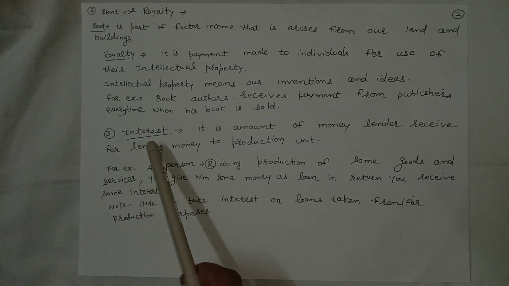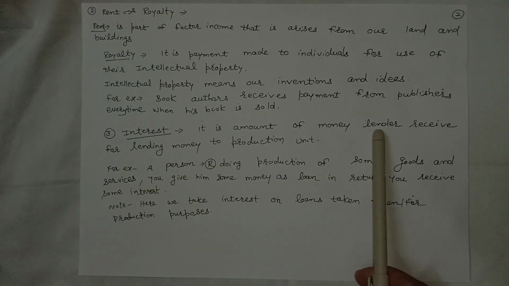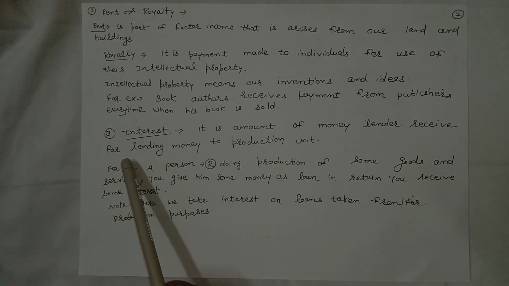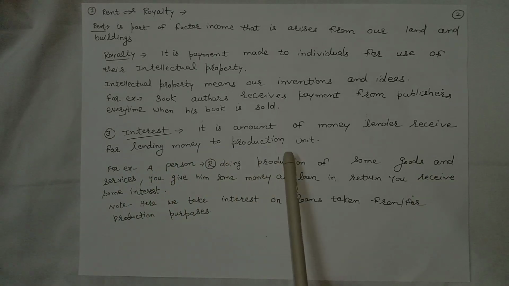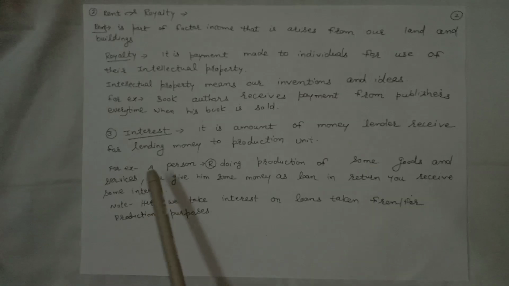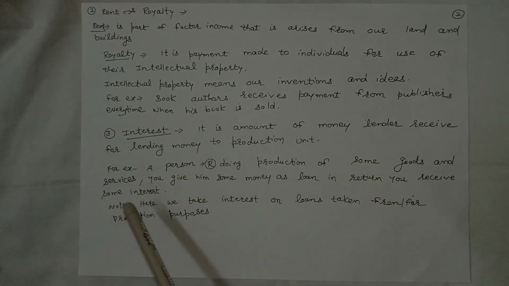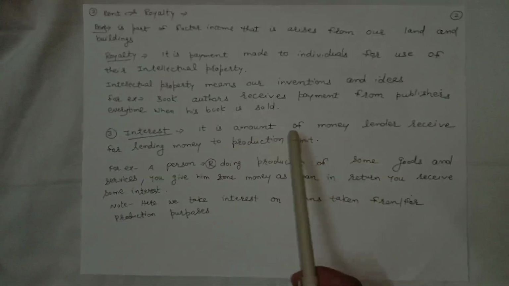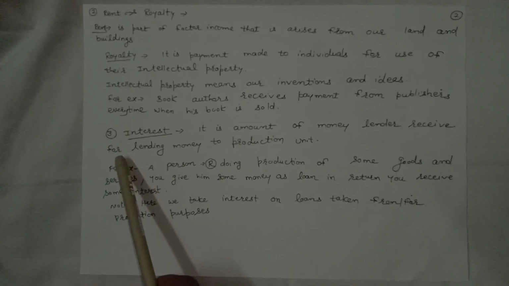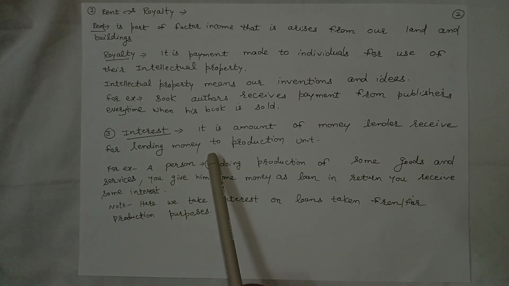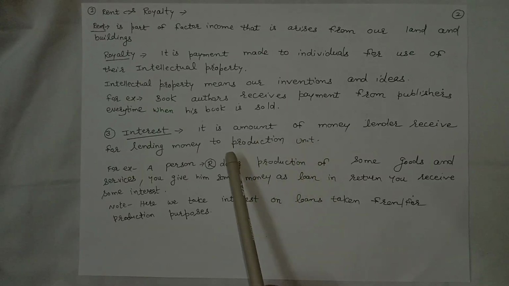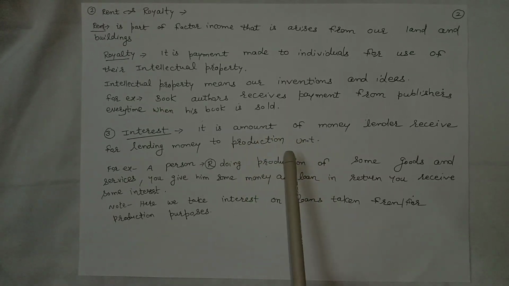Then the third one is interest. It is the amount of money a lender receives for lending money to a production unit. Note, listen carefully again: it is the amount of money a lender receives for lending money to a production unit for production purposes only.